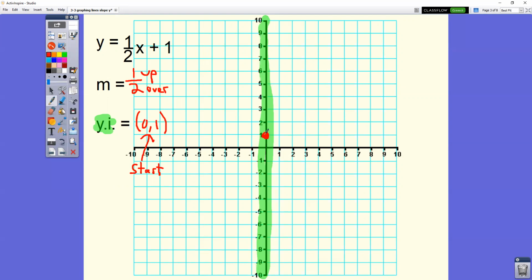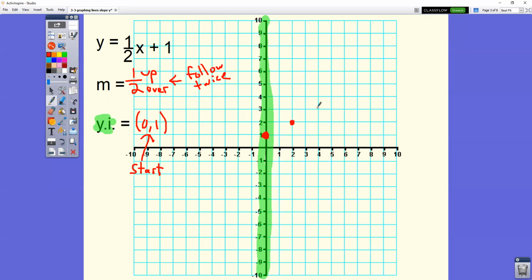Now, starting at the y-intercept, we need to follow this pattern twice because we want 3 dots total. So starting here at 0, comma 1, we're going to go up 1 over 2. So starting here, we're going up 1 over 2, put a dot.